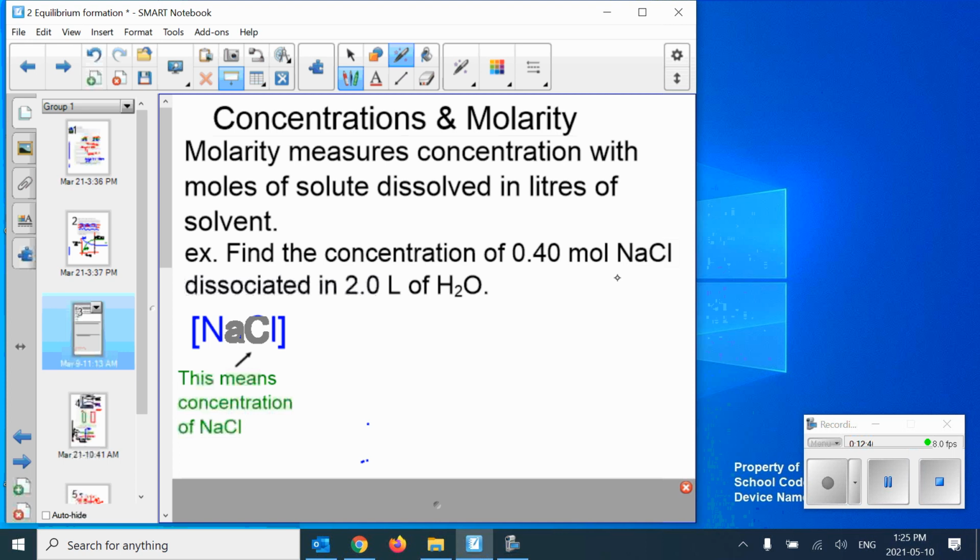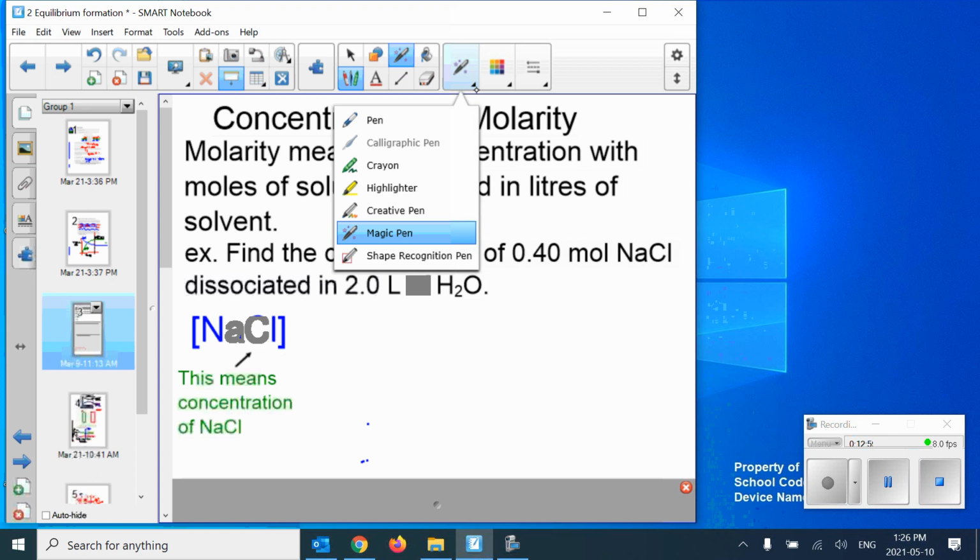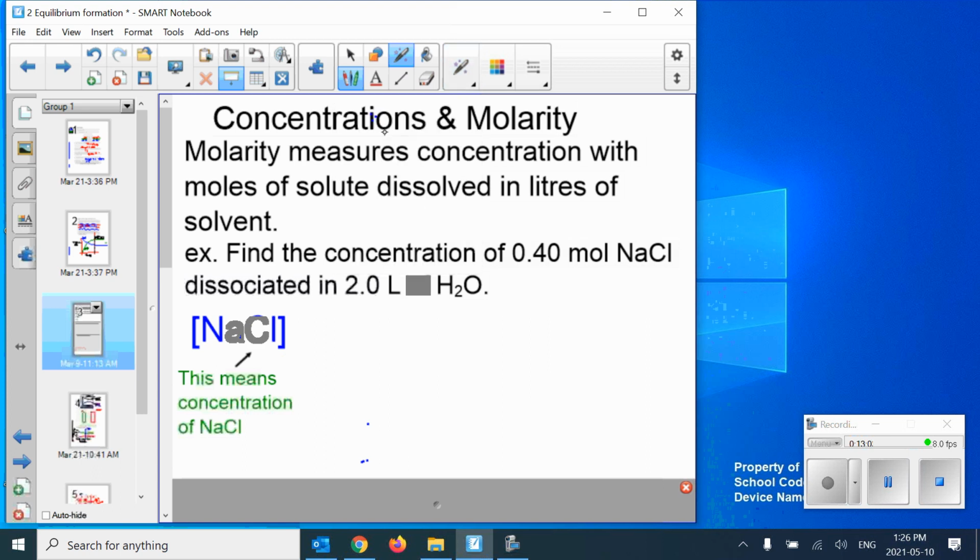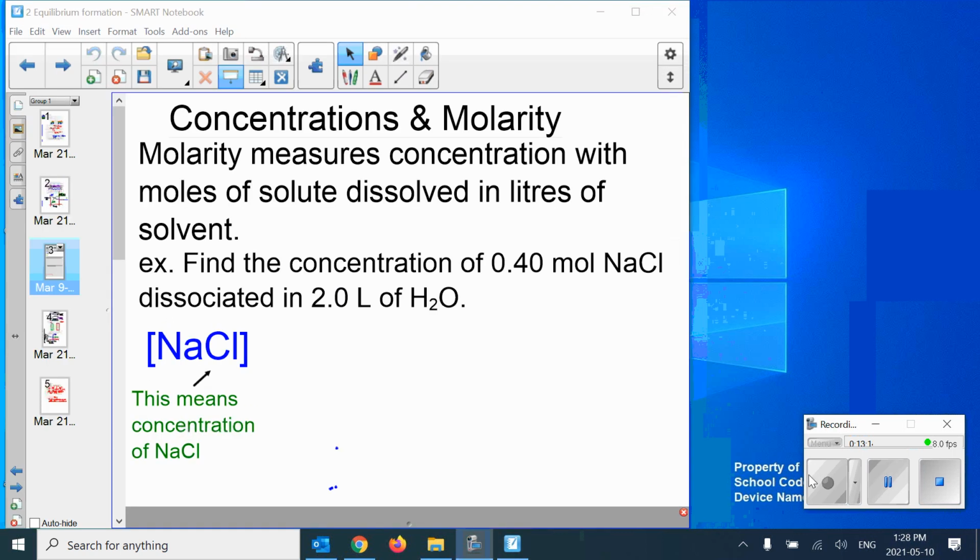What I wanted you to start with is square brackets, has to be square brackets, NaCl. The fact that it has square brackets means concentration, moles per liter. Uh-oh. This is where it was screwing up the other day. I'm going to pause the video. And we're back.